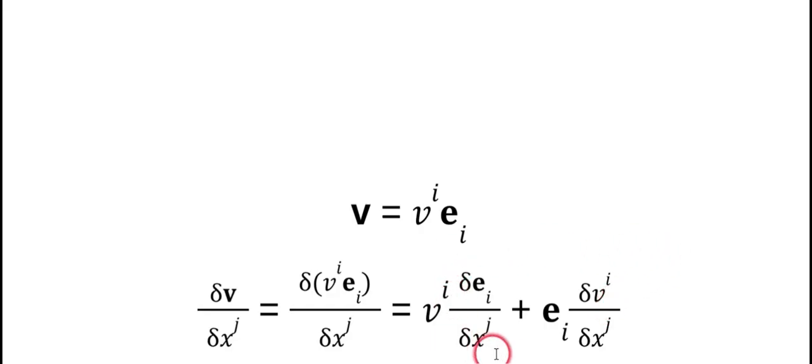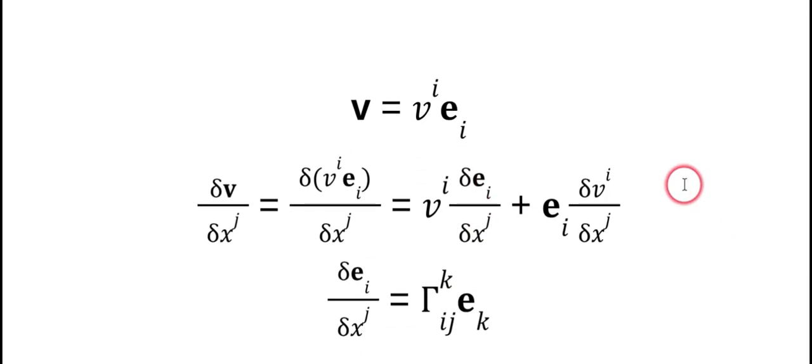Then we have to deal with the derivative of a basis vector with respect to a coordinate, and that turns out to be a definition. The derivative of a vector is a vector, and we can express that as a linear combination of its components and basis vectors. This component turns out to be called the Christoffel symbols.